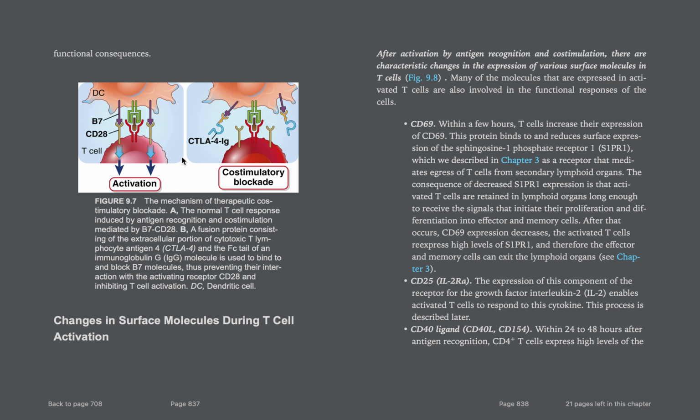Then there is expression of CD25, the Interleukin-2 receptor alpha. The expression of this component of a receptor for the growth factor Interleukin-2 enables activated T cells to respond to this cytokine. This process is described later.